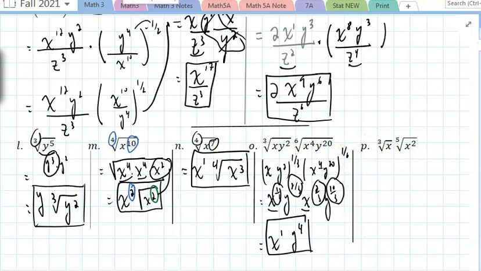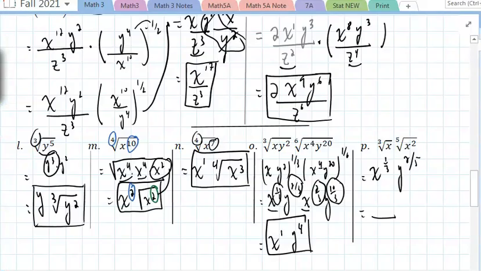And here the indexes don't match, and nothing simplifies, but I could say that's x to the 1/3 and y to the 2/5. And from what I know, if the denominators don't match, I'm going to get a common denominator, which is what in this case?